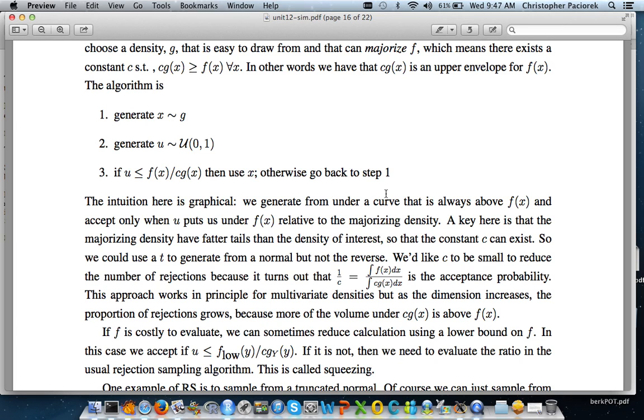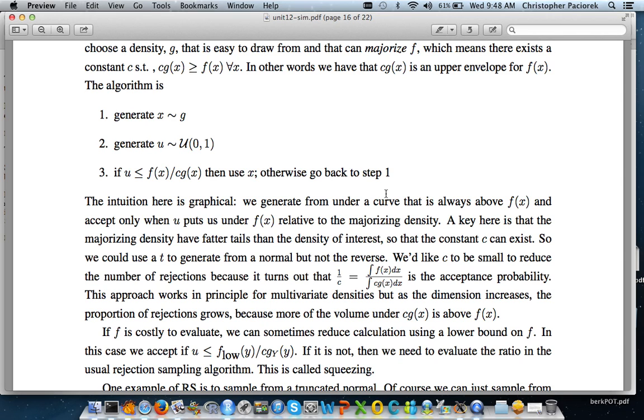The tail of a t distribution is already fatter than a normal distribution, right? So once we get far enough out in the tail, the t is already going to be higher than the normal distribution. We don't actually have to multiply it by anything to get it above the normal density. So whatever c works here in the body of the distribution to get the t above the normal will work out in the tails as well. And so this recipe should work in that case.